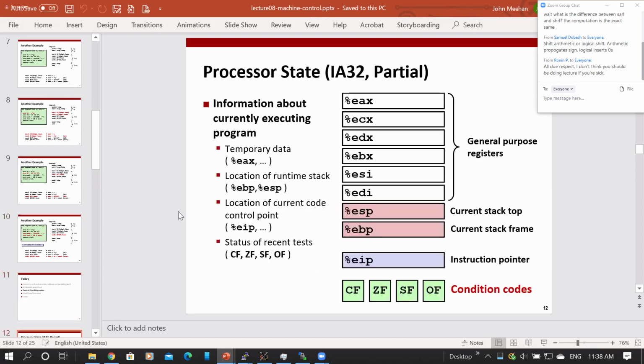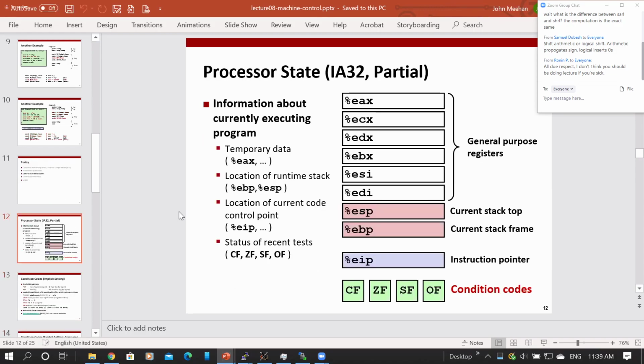So now we want to look at the condition code bits. You can think of these bits as sort of another register. And in fact, it kind of behaves like that because when we context switch from one process to another on the computer, we have to save off the values of all the registers so that we can restore them back.